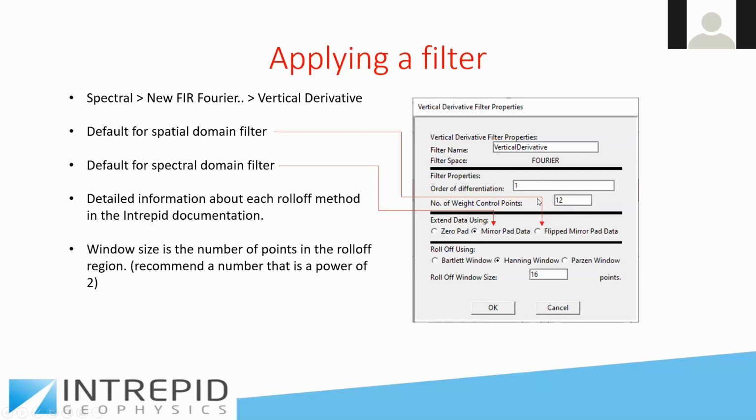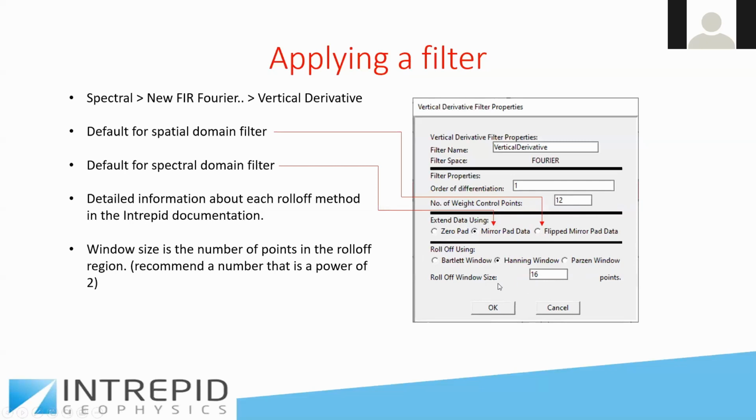You want to basically tailor it for how many data points you have along the line. So is 12 the default, and you can change that? This is the default value. Yeah, and you can change it if you like. Okay. Thanks. There are also a number of different roll-off options that you can choose, and the roll-off window size as well.